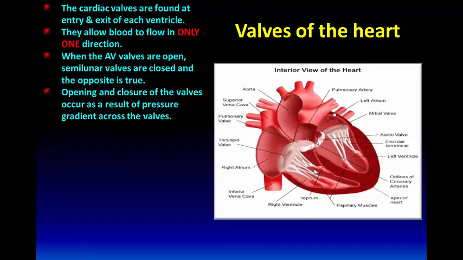And when the semilunar valves are opened during the ventricular systole, the atrioventricular valves should be closed in order to prevent backflow of the blood from the right ventricle into the right atrium and from the left ventricle into the left atrium.